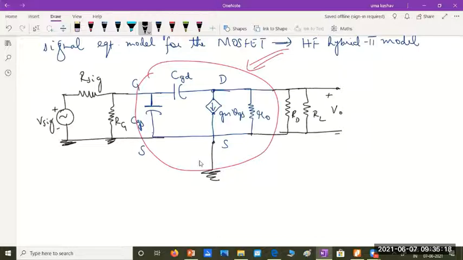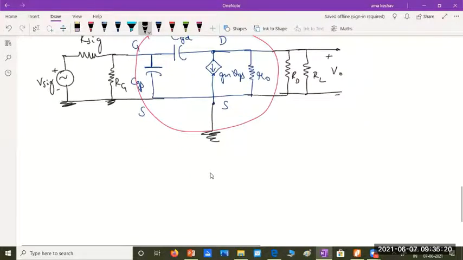Now we'll simplify this one more step. Let me write the equivalent for this one more step. If I look between this terminal and this terminal, what will be the Thevenin's equivalent of these two resistors?